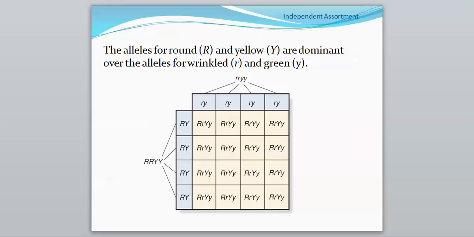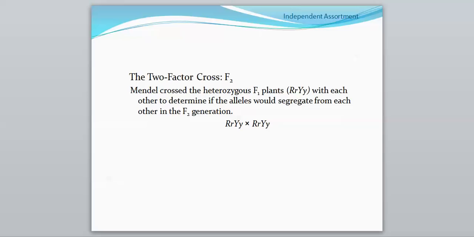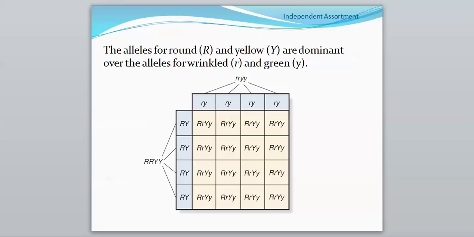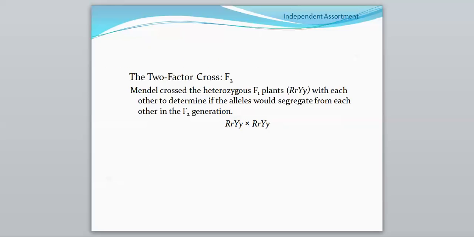But you can see he just takes one letter from the one on the left and one letter from the one on the right and puts them together. It's basically the exact same process, but again, we'll practice that more in class. And then after he performed this cross, he made another two-factor cross by crossing these two heterozygous plants with one another to determine if alleles would segregate from each other in the F2 generation.